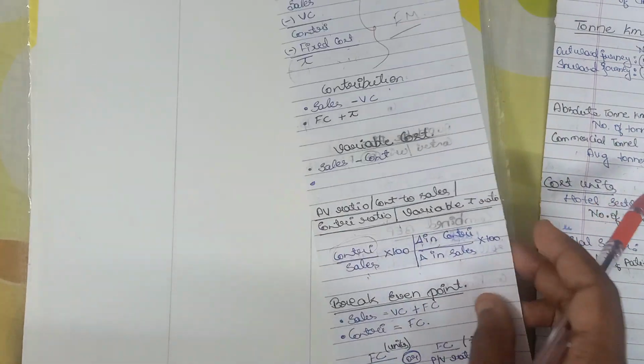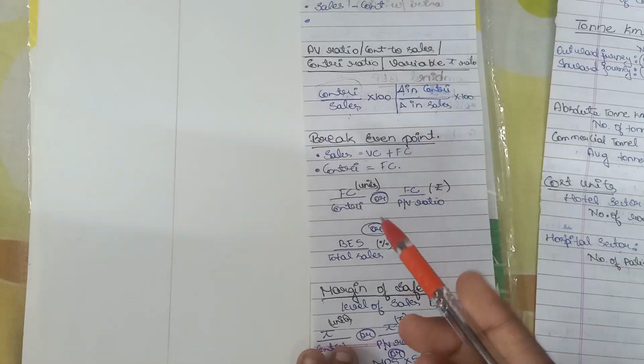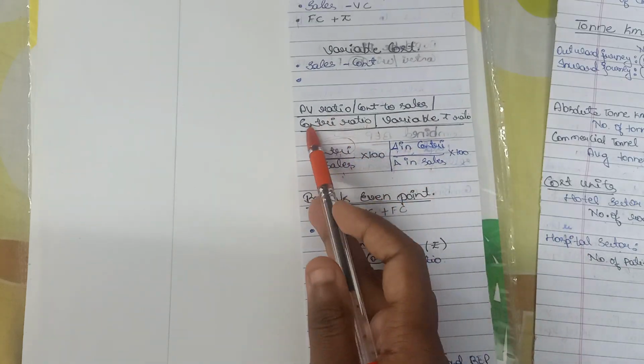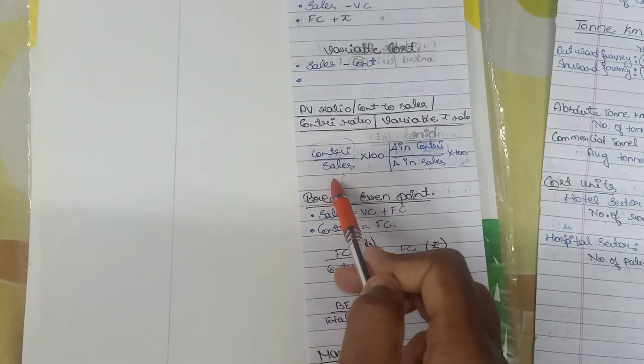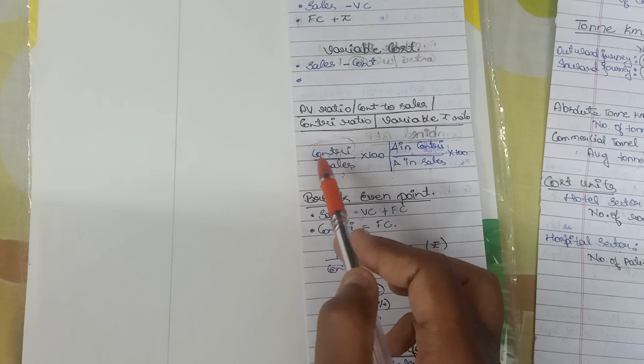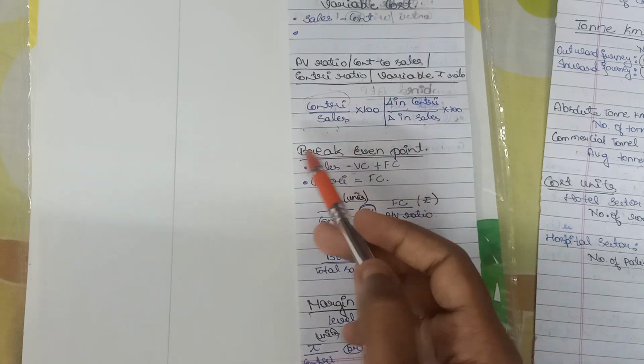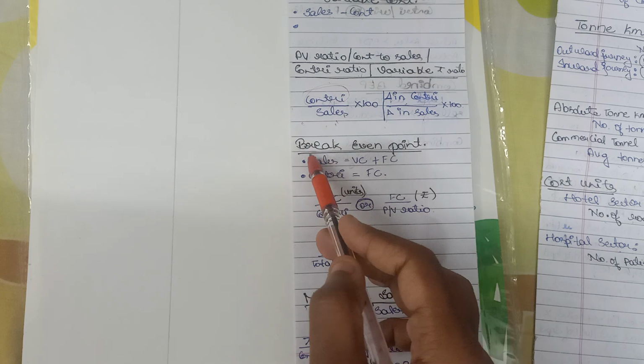I hope you understood this. PV ratio is equal to contribution by sales, or change in contribution by change in sales, into 100. We'll be getting the same answer.